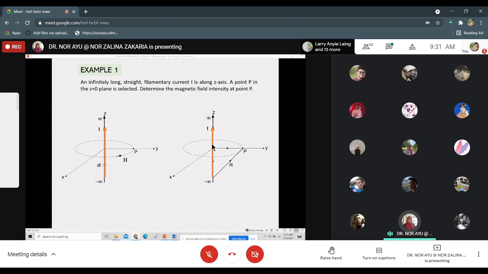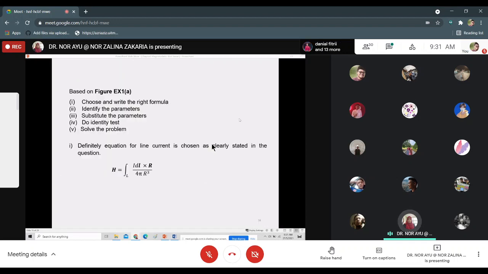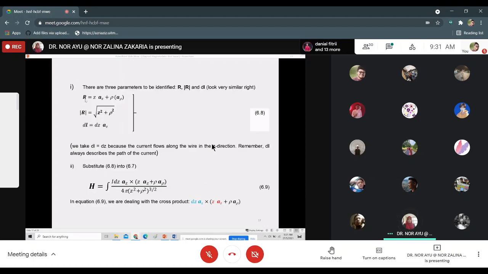So that is your R. So your magnitude R will be rho squared plus Z squared and then square root the whole thing. Okay. So next, bila kamu dah dapat all the parameters, okay, this is all the parameters. So what you need to do now is to substitute all these parameters into the equation.